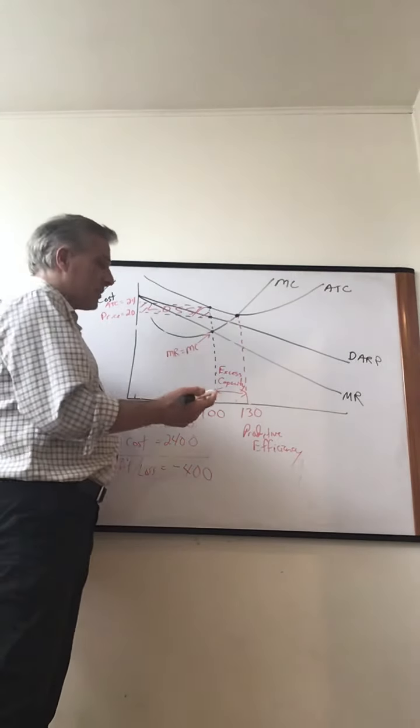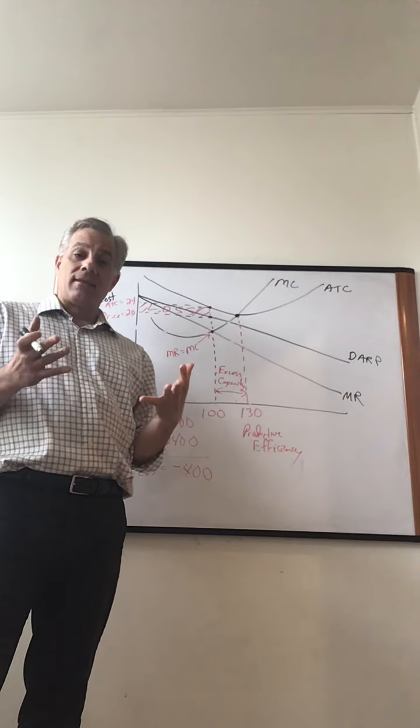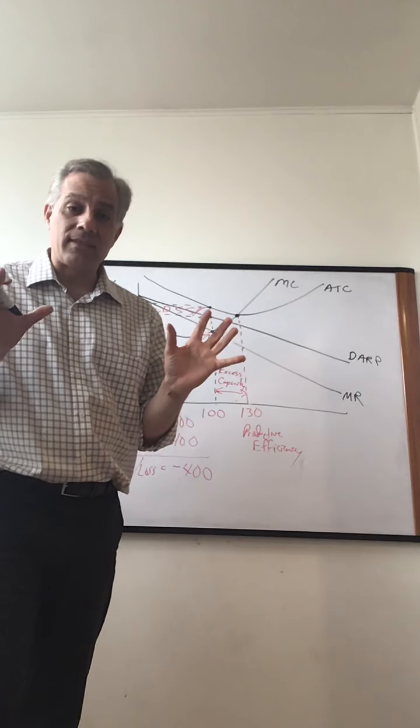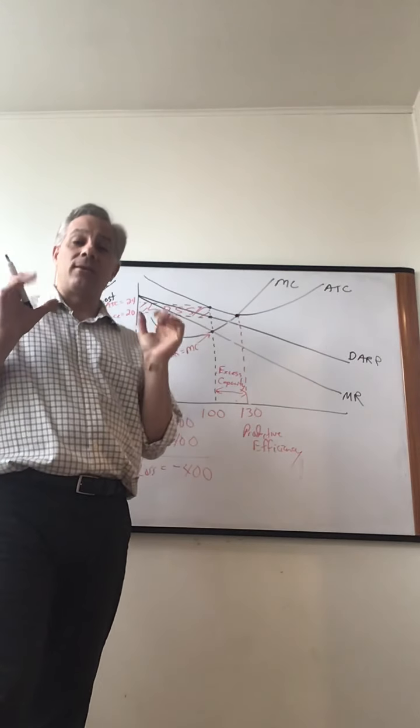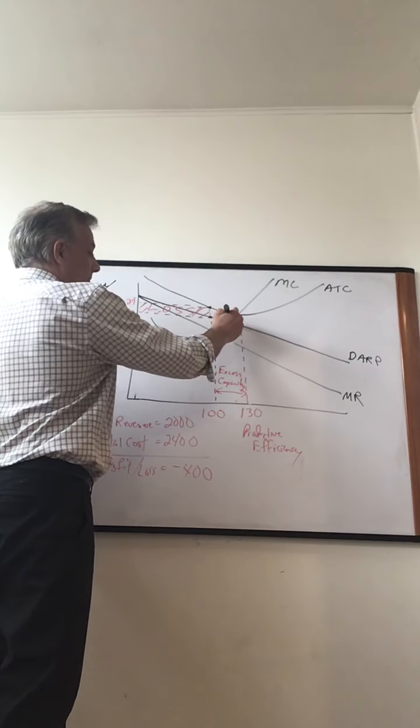It is an inefficient market. Perfect competition is the only one that is efficient. And if I just say the word efficient, I'm talking about allocative efficiency. That's the most important. This is the allocatively efficient point.